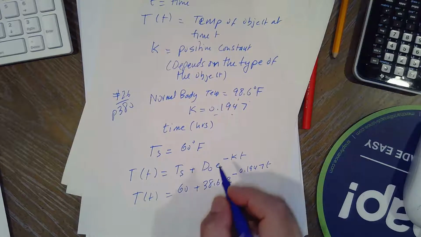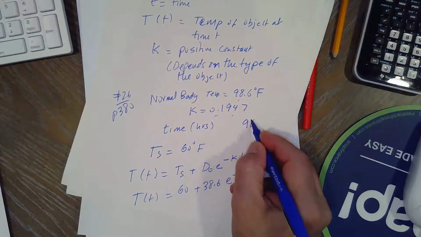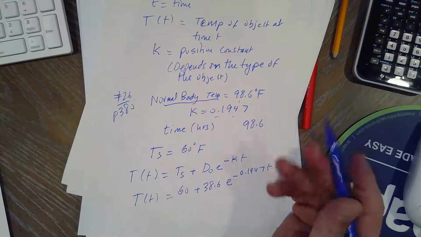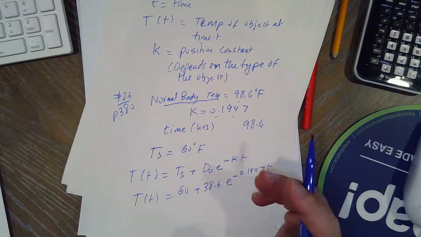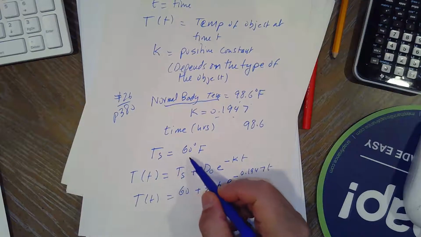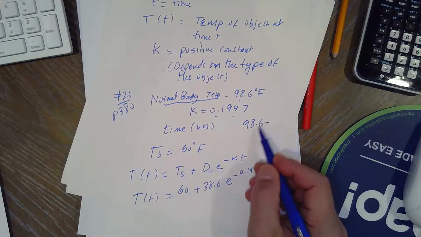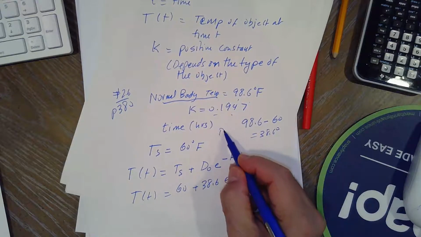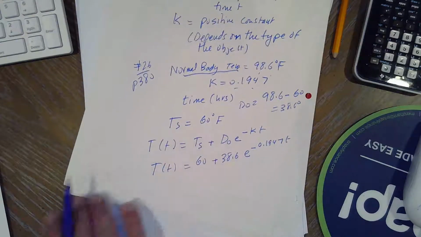The 38.6 I got by doing 98.6, the temperature of the dead body, minus the temperature of the surrounding. So 98.6 minus 60 is 38.6 degrees. That's where it came from.